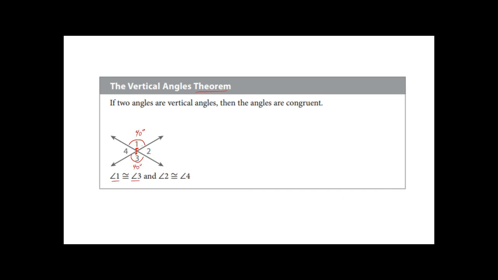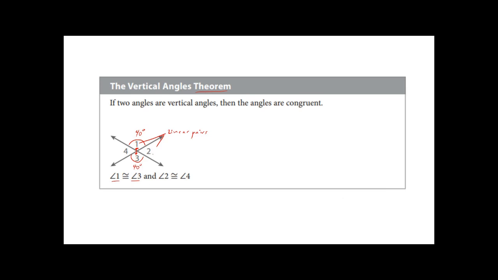Now, also notice that angles 1 and 2 are linear pairs, right? They also share a straight line, so they should add up to 180 degrees. To find angle 2, we know we have 40 degrees already found.